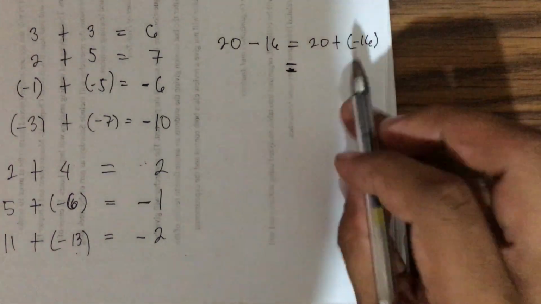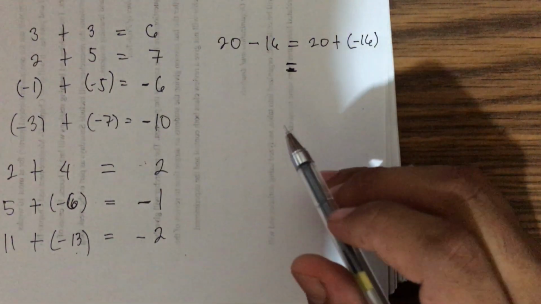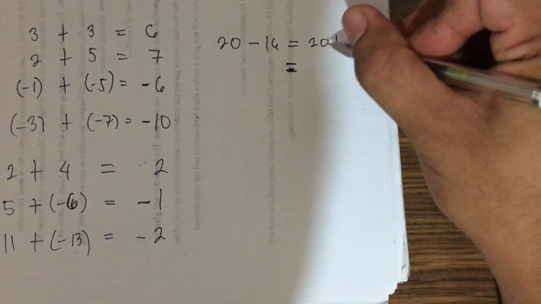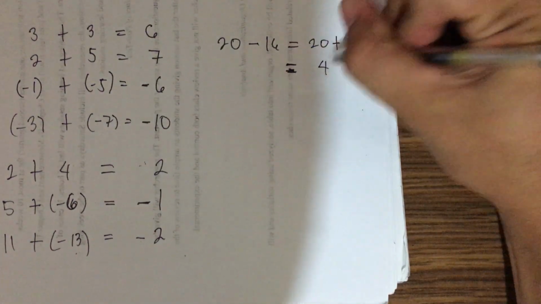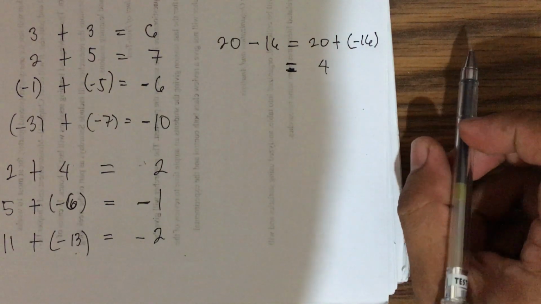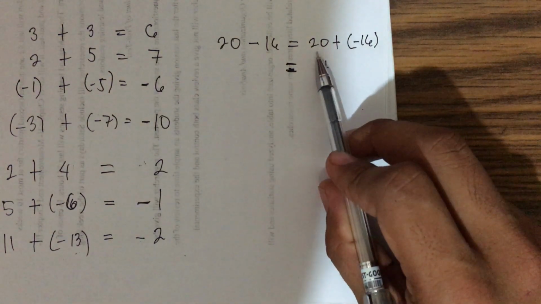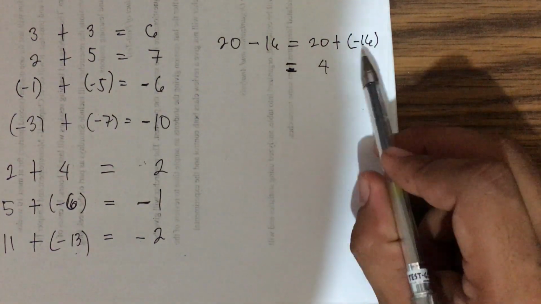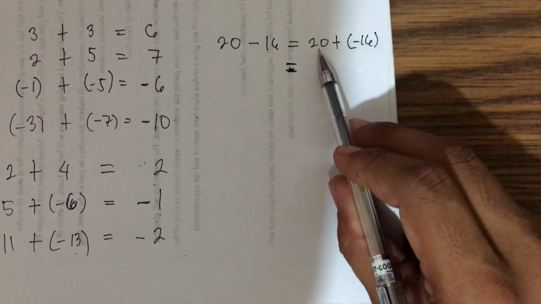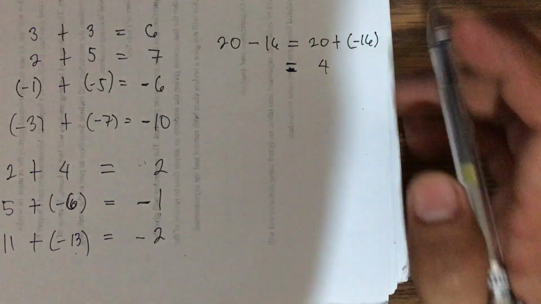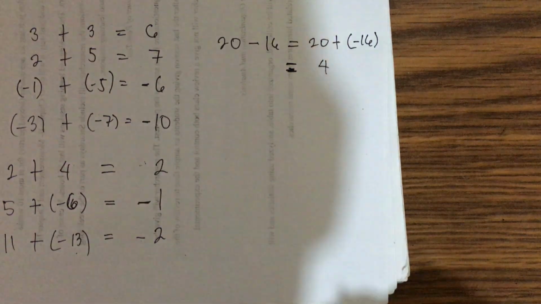Do they have the same signs? No. So, subtract 20 minus 16, that is 4. Who has the greater value, is it 20 or 16? That is 20. And what is the sign of 20? That is invisible positive. So, write invisible positive.